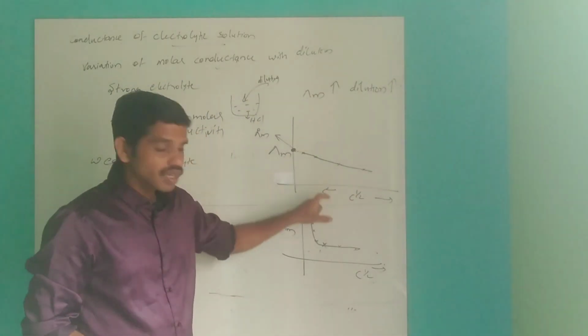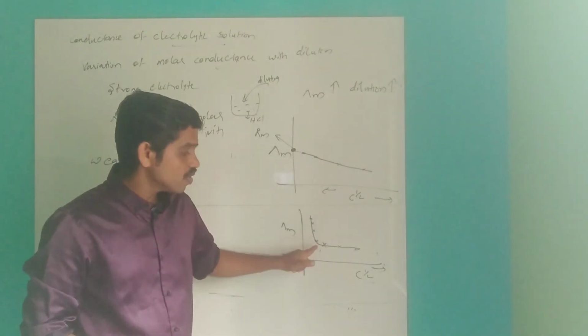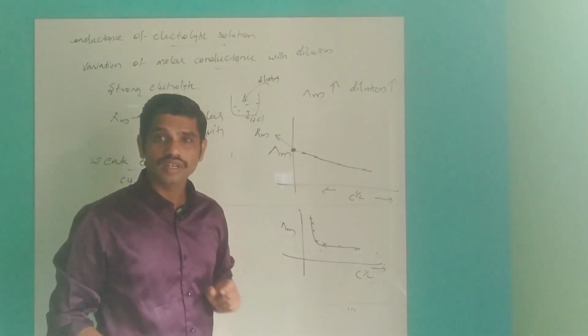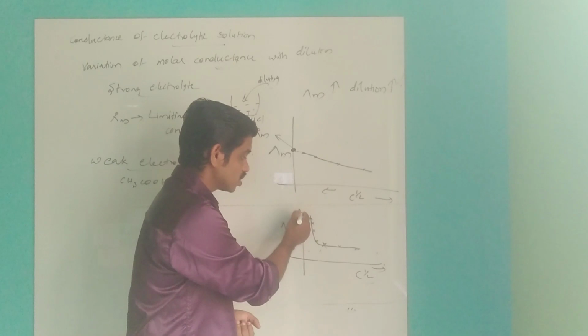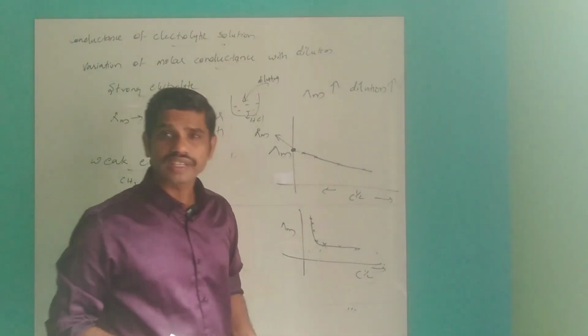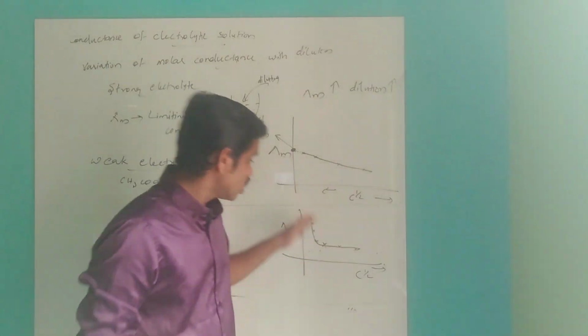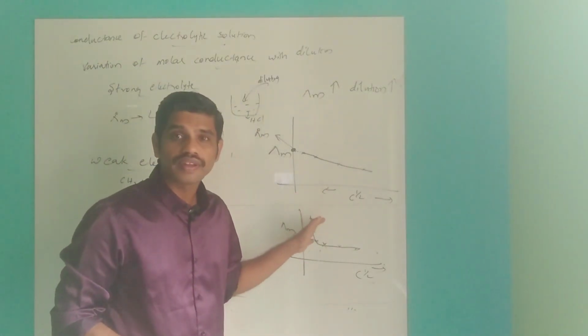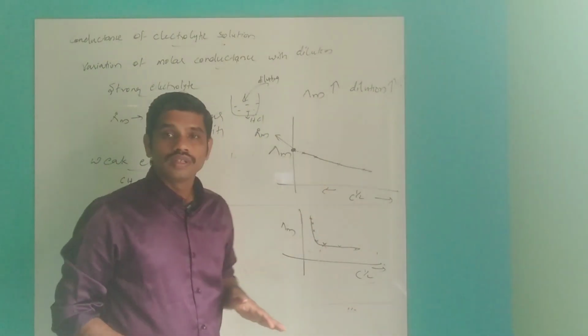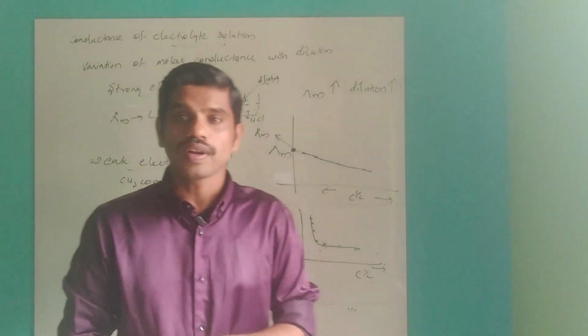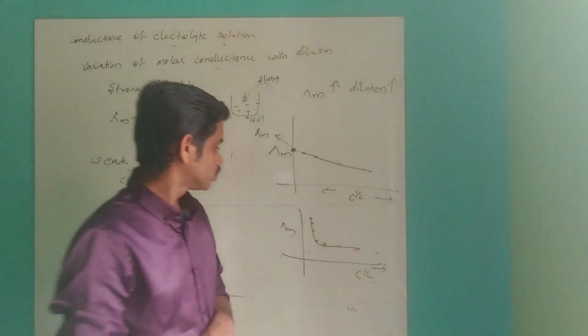So you compare these two graphs. Here, how will you find out the limiting molar conductivity? How will you extrapolate to the y-axis? Is it possible? No, it's not possible. You can't extrapolate the graph here.